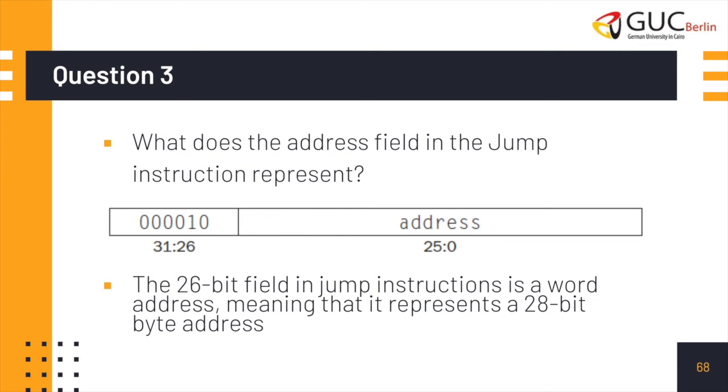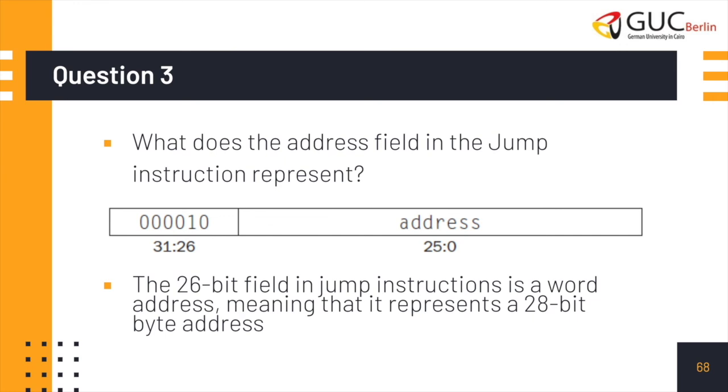Because one word is equal to 4 bytes, so to move from one word to another, we need to add 4. And all of our addresses in the MIPS architecture are byte addresses, meaning that they point to bytes. They do not point to words. They point to bytes. And that's why to move from one word to another, I need to jump by 4.